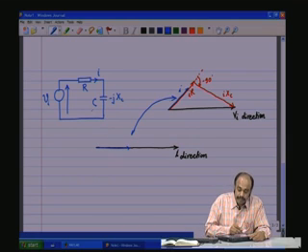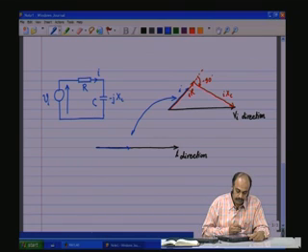Now, this being a capacitive circuit, the I leads the input voltage.